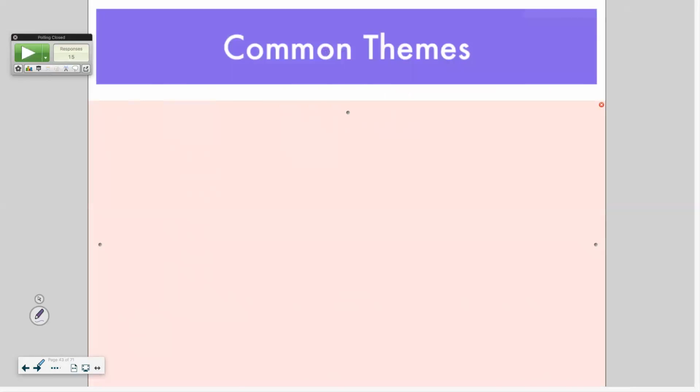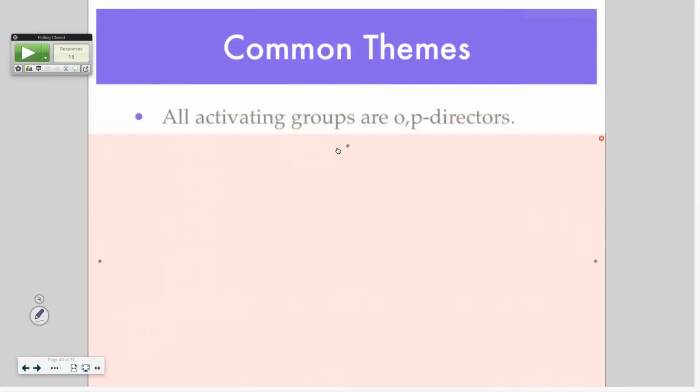So when you look at your ortho-para, meta directors, and activating, deactivating, you'll notice that all of the activating groups are ortho-para directors. Like a little theme, because it's putting electron density into the ring, so it's stabilized when attack is at the ortho and para positions.